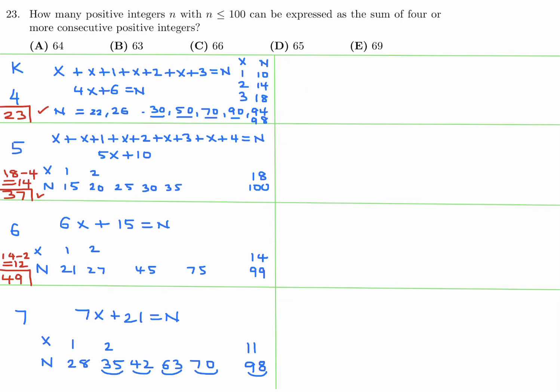For example, the 35 would appear in this list right here. As you can clearly see, there's a 35 there, and so on. The 70s are here. The 42 would appear in this list here, and the 63, that would appear in this list.